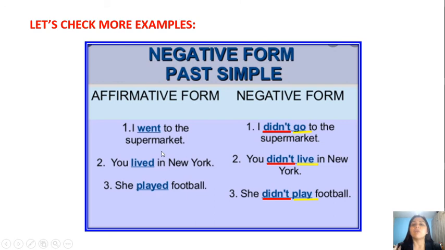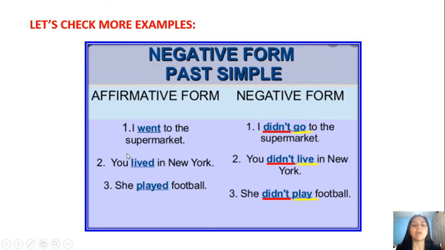If you can find a difference, remember that regular verbs end in -ed, right? But irregular verbs change; they have a special form. If you see the example, it is the same.